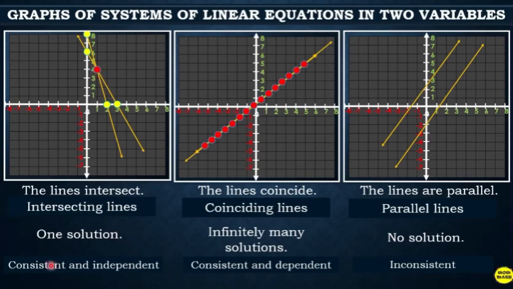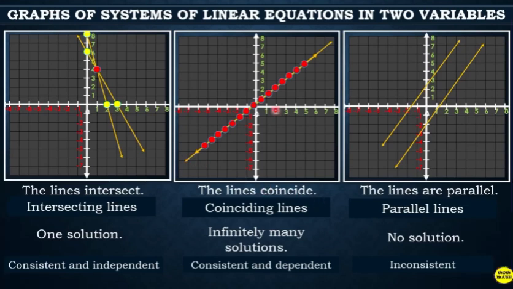Okay, and the system is consistent and independent. If they are coinciding lines, they meet not just at one point, but infinitely many solutions. That's why marami siyang solution kasi hindi lang siya sa isang point nag-intersect, kundi sa lahat since same line sila. Okay?